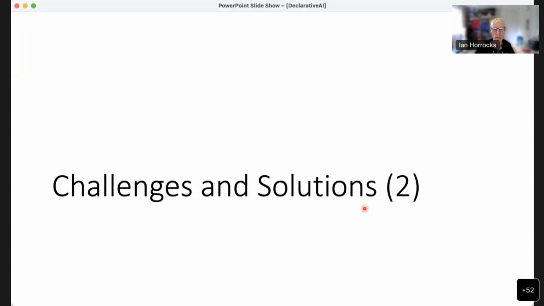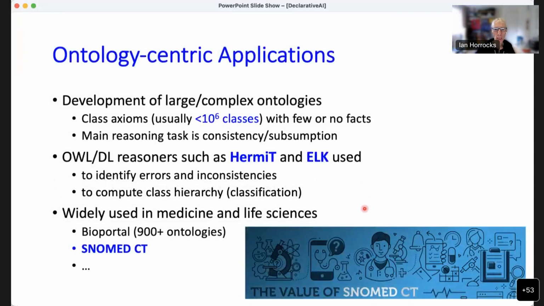We had highly optimized systems, and we developed our nice web knowledge graph language that exploits our knowledge about description logics. And actually this was pretty successful, at least for what I would call ontology-centric applications.